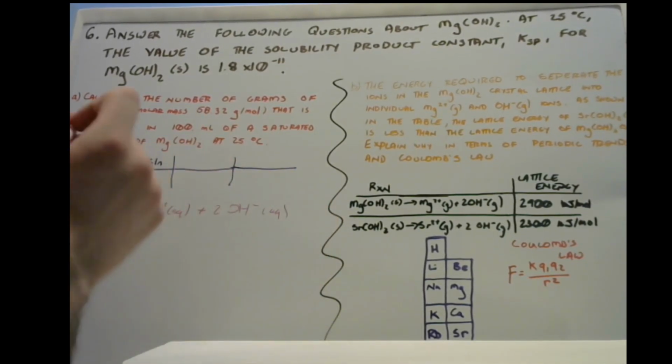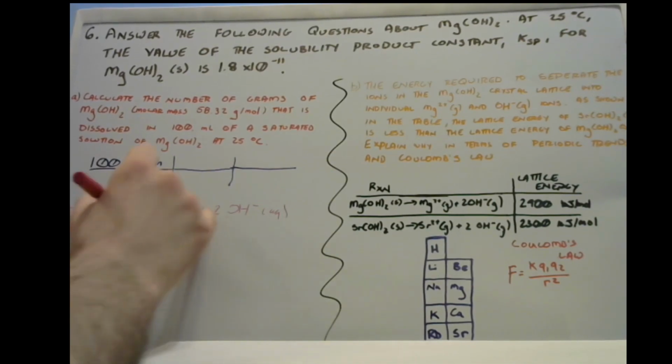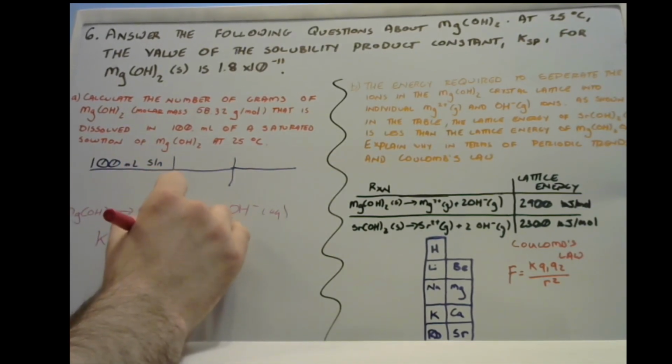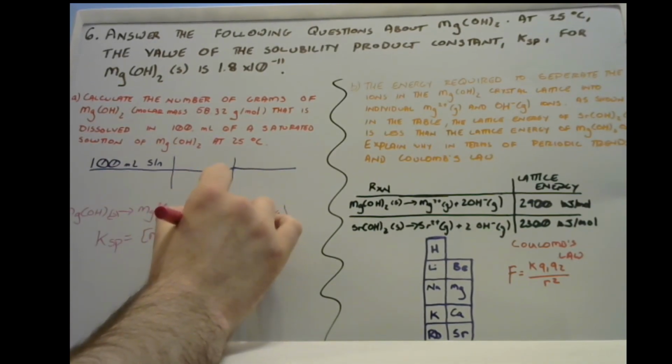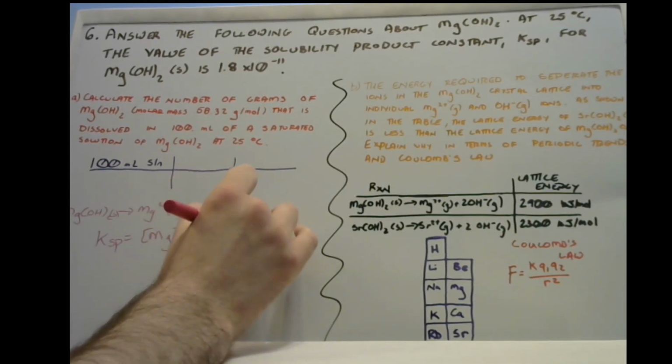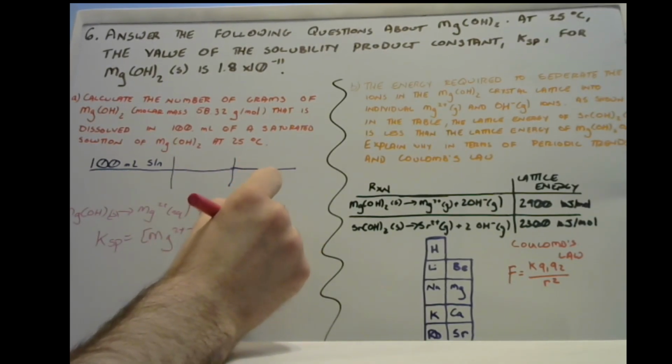And if I write the Ksp expression for this, I'll get Ksp equals the concentration of magnesium 2 plus and the concentration of hydroxide squared.